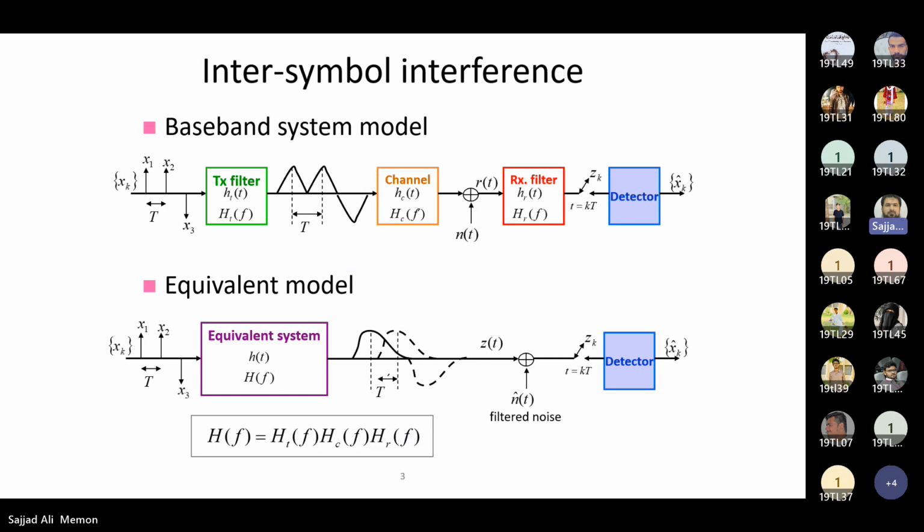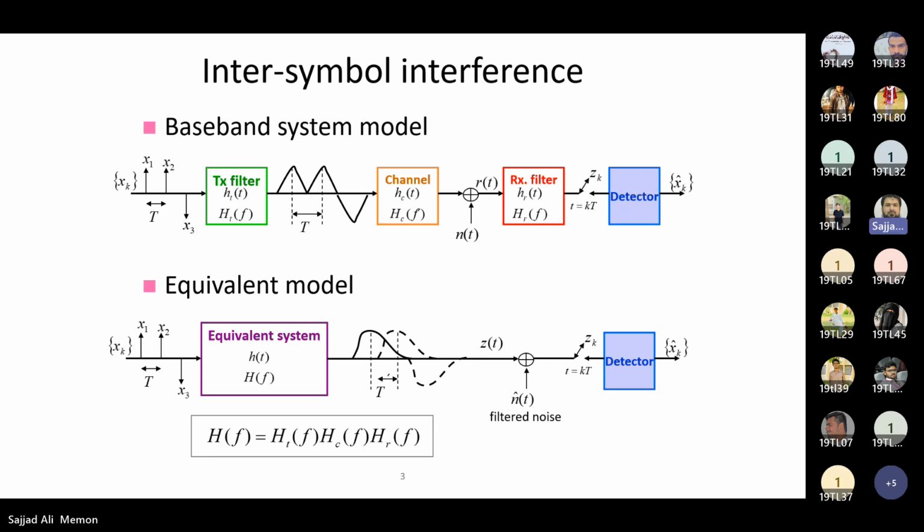This is the baseband system model, and we have the equivalent model where you can see we have symbols at the input represented as x1, x2, x3. These are the samples. Then we have the transmission filter, HT(f), and the output of this is the waveform, which is processed through the channel. The channel induces some noise n(t), and the received signal is s(t) plus n(t).